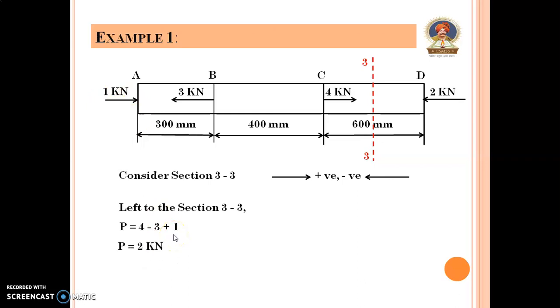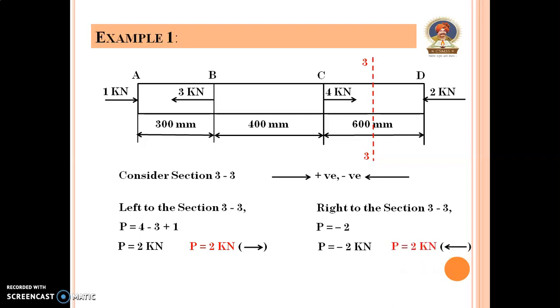So the value of P is 2 kilonewton positive, so it is move towards right side. Then right hand section there is only one force, that is 2 kilonewton, which is move towards left side, so it is taken as minus 2. So P is equal to minus 2 kilonewton move towards left side.